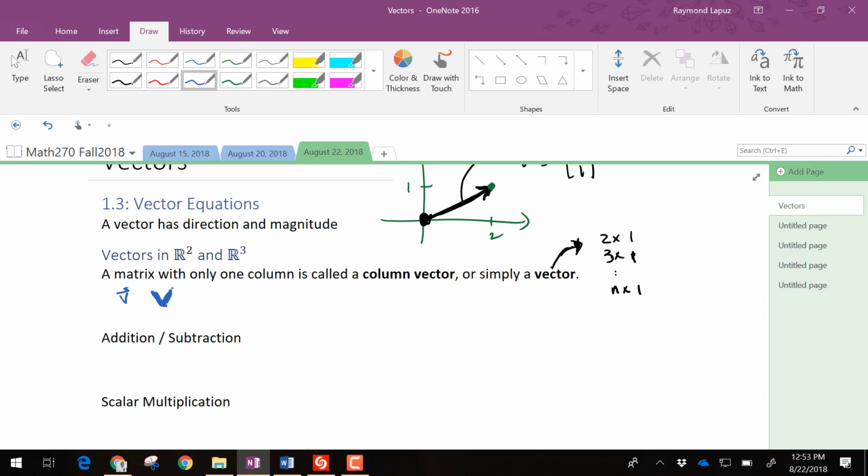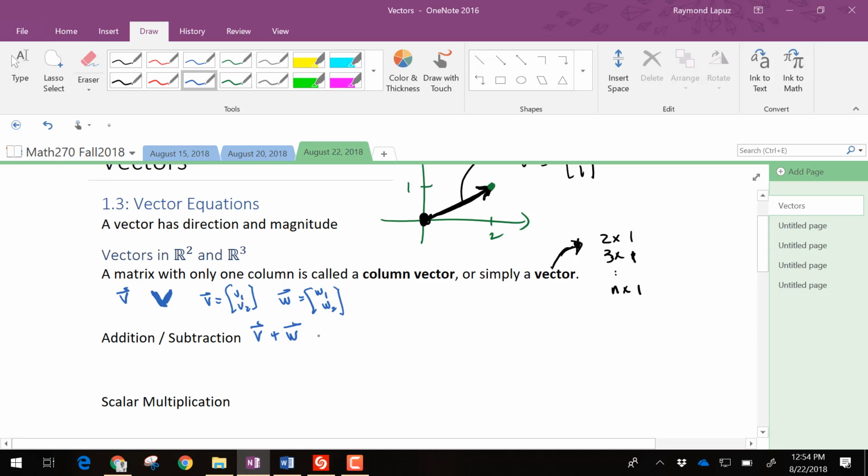All right, vector addition. Let's say v and w are vectors, where v is equal to (v1, v2) and w is equal to (w1, w2). And notice the arrows on top of the names of the vectors v and w, and notice the non-arrows inside of the 2 by 1 matrices, v1, v2, w1, w2.